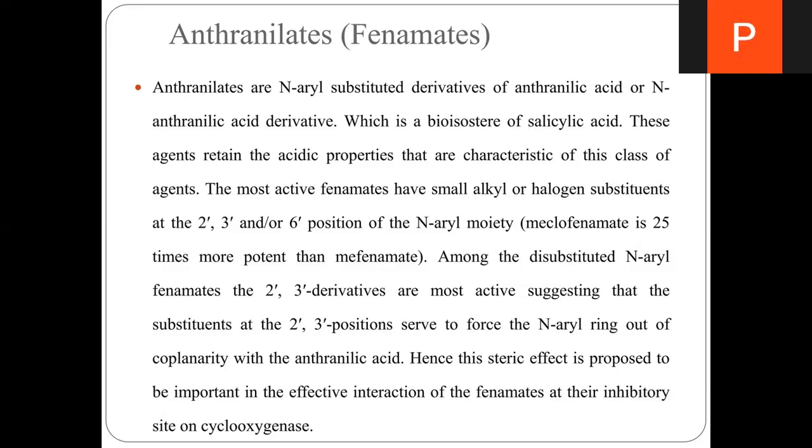Among the disubstituted aryl fenamates, the 2,3-derivatives are most active, suggesting that the substituents at the 2,3 positions serve to force the N-aryl ring out of coplanarity with the aryl anthranilic acid.